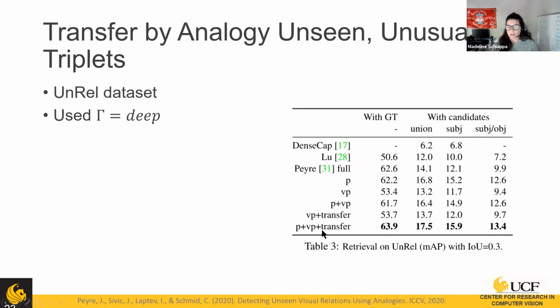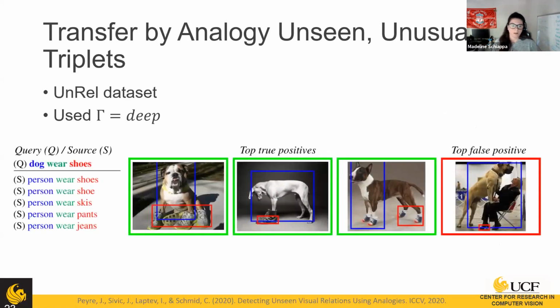As you can see, using their method, they performed the best compared to prior research and to ablated versions of their model. These scores are based on the union of the subject and object, the subject alone, and the subject and object concatenated or separately, but evaluated together. Here are some qualitative results as well.